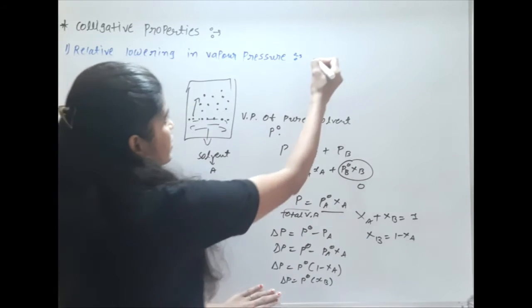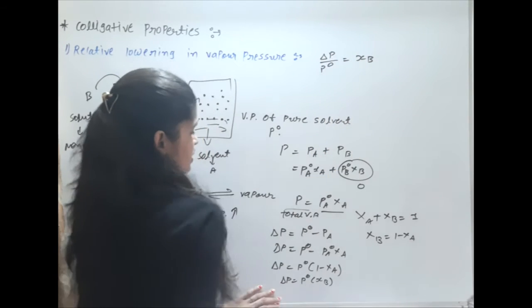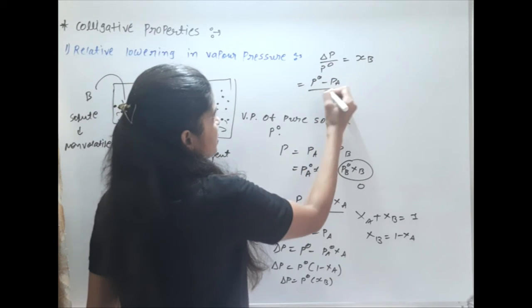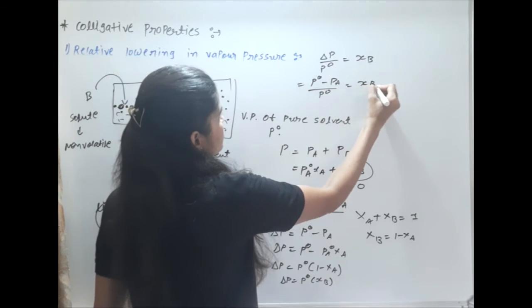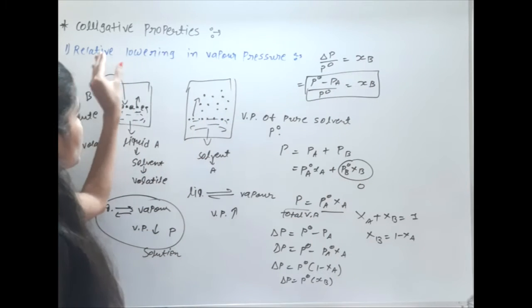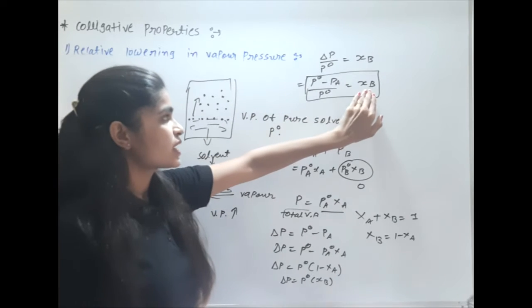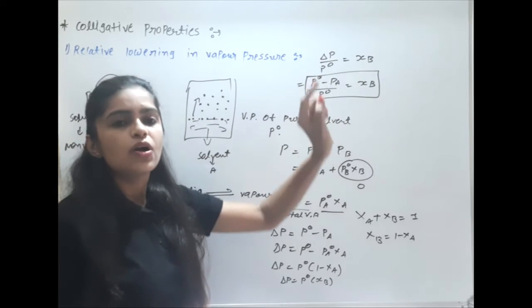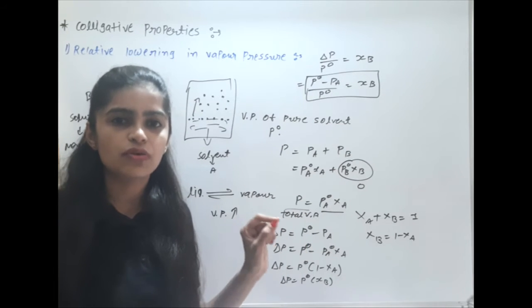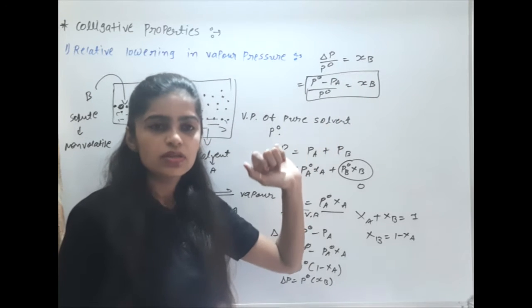So delta P upon P0 is equal to XB, that is, P0 minus PA upon P0 is equal to XB. So the relative lowering in vapor pressure depends on the mole fraction of the solute, because XB is the mole fraction of the solute.